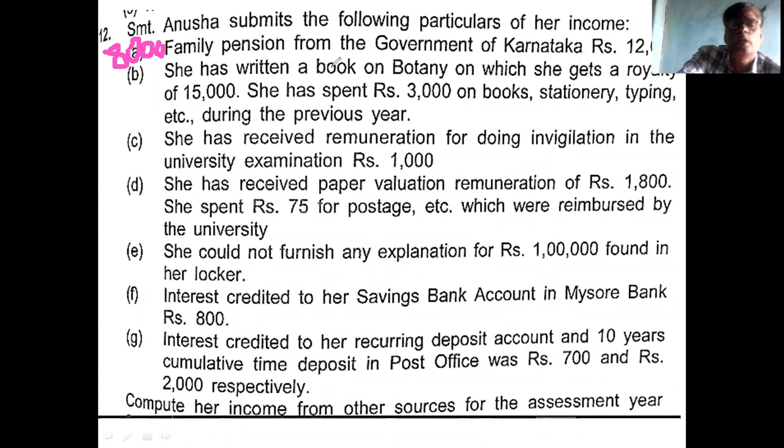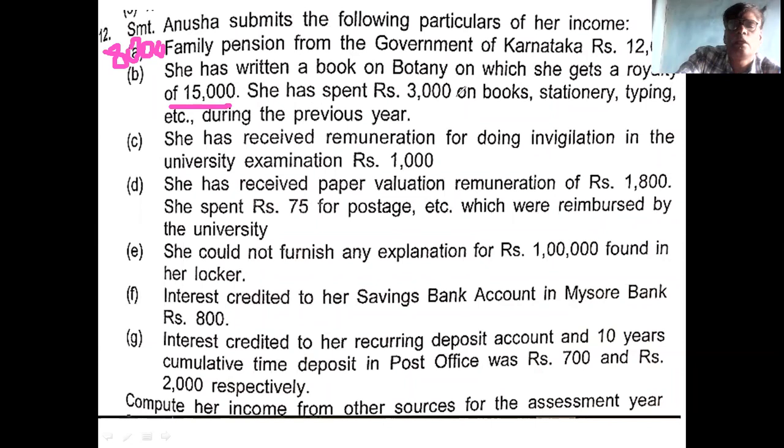Then you see the second point. She has written a book on botany, on which she gets a royalty of 15,000. 15,000 royalty is income from royalty.